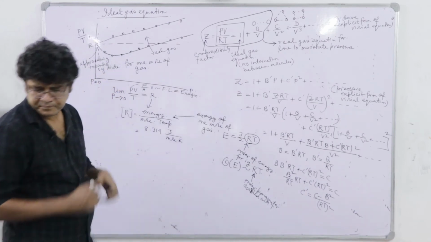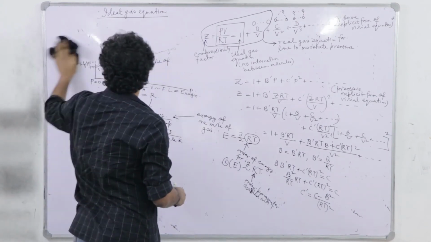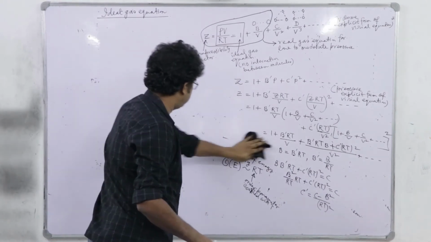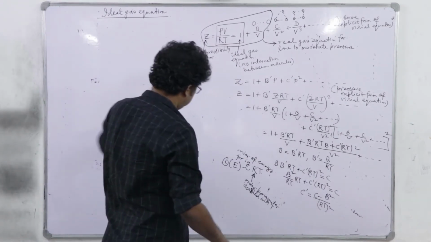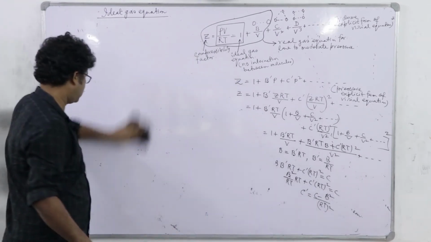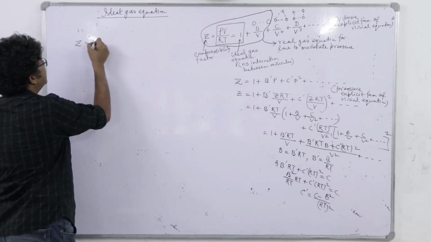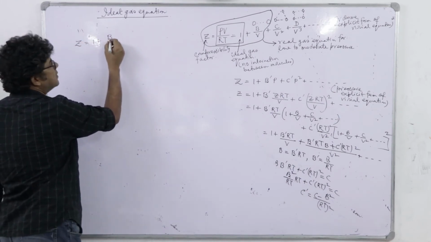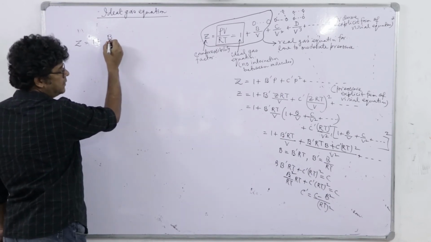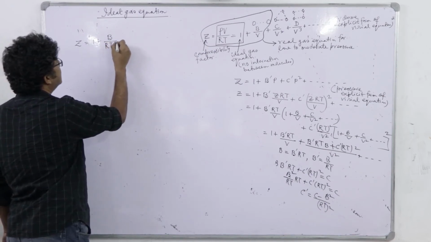Interchanging means here what we can write, that we can write Z is equal to 1 plus B by RT into V, right.